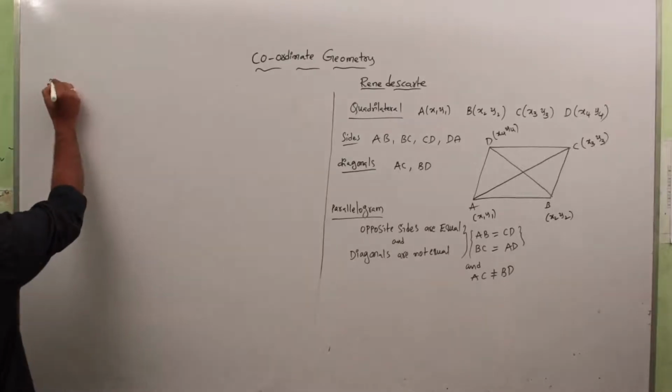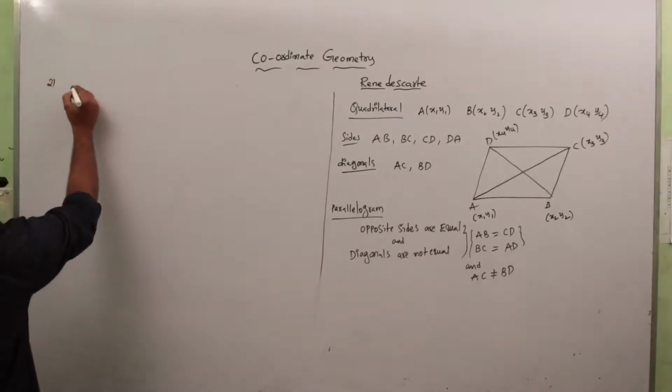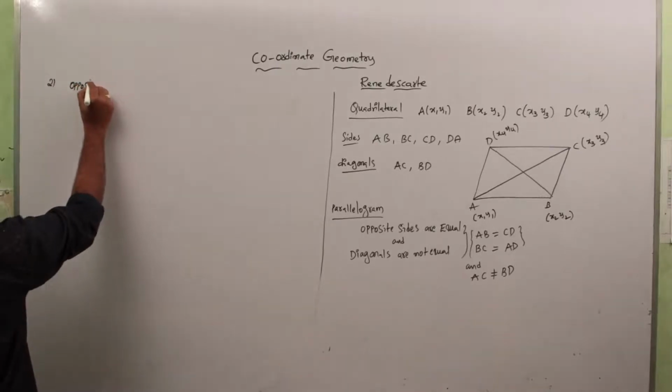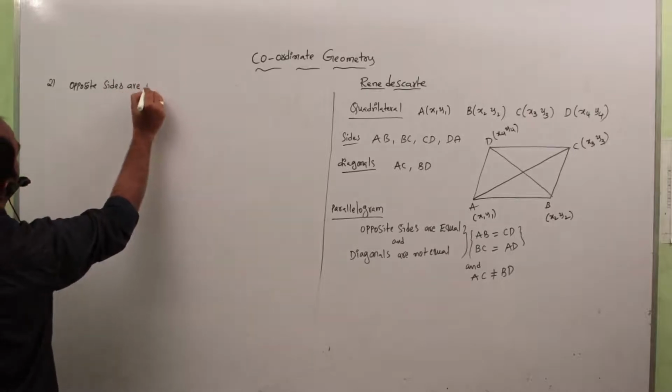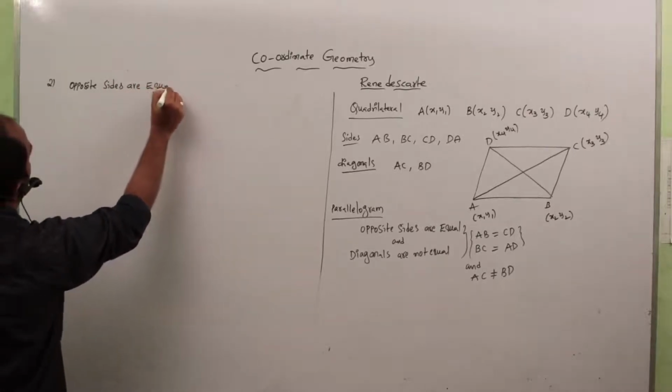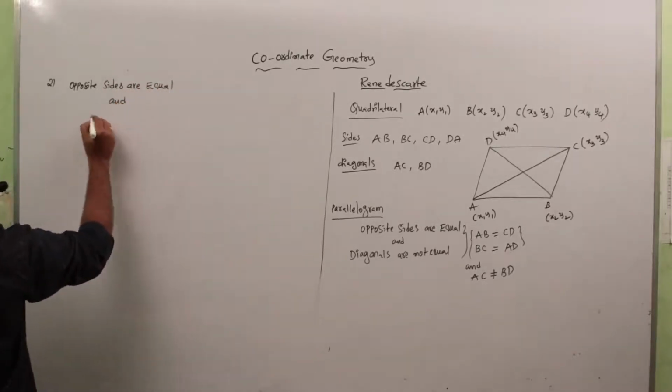And the second one, suppose opposite sides are equal and diagonals are also equal.